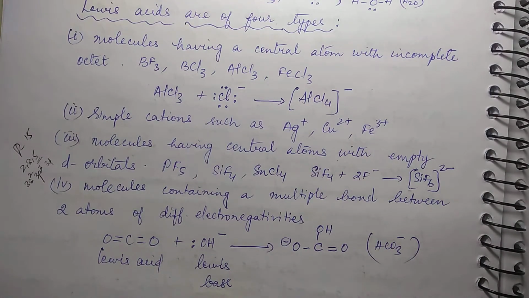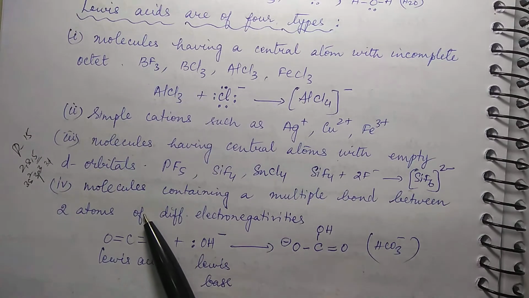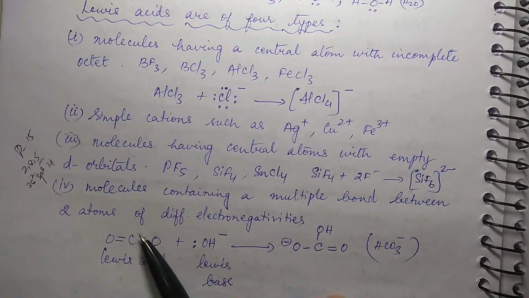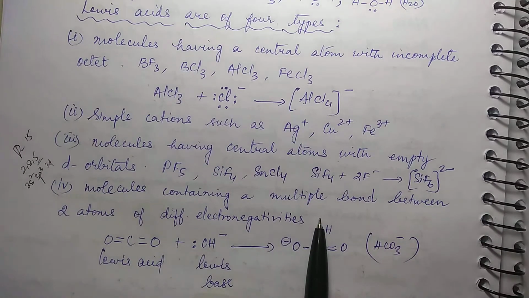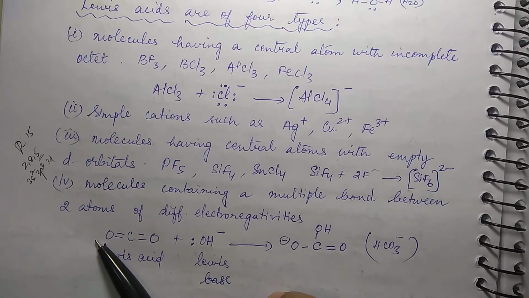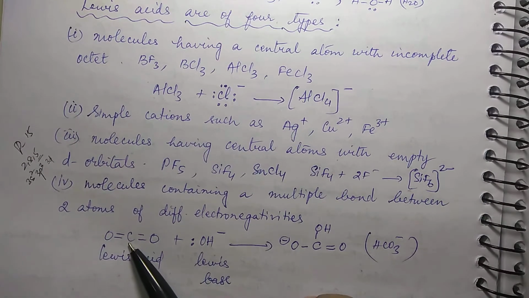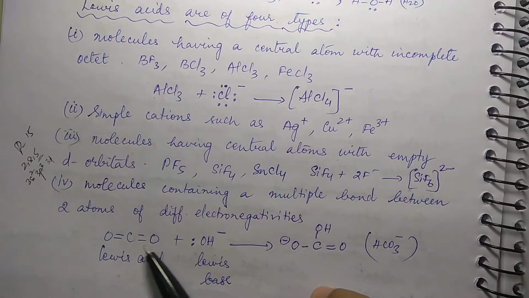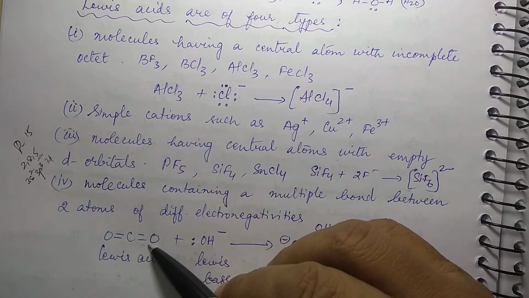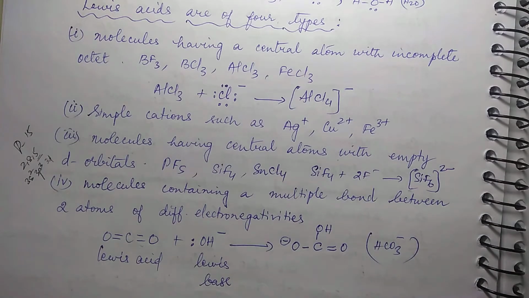Right? Then molecules containing a multiple bond between two atoms of different electronegativities. C double bond O on either side. So carbon and oxygen differ in electronegativities and they are connected through a multiple bond, a double bond, right? It's not a single bond, it's a multiple bond, that is double or triple.